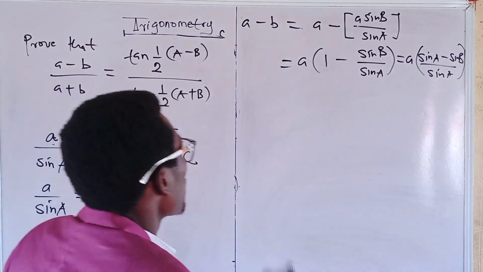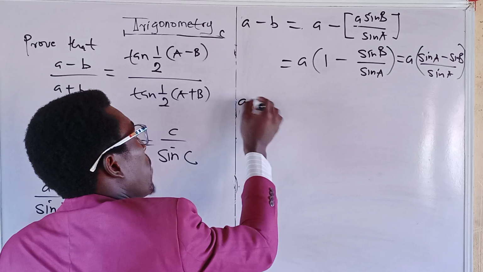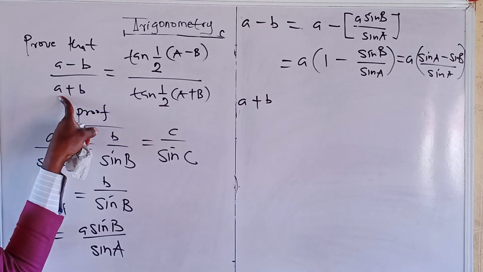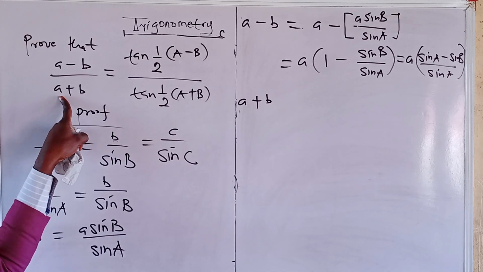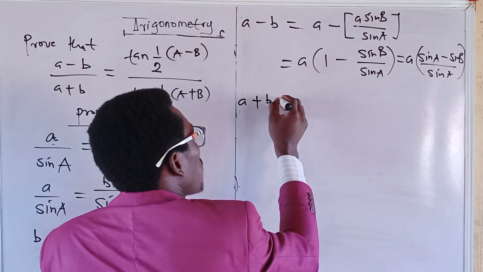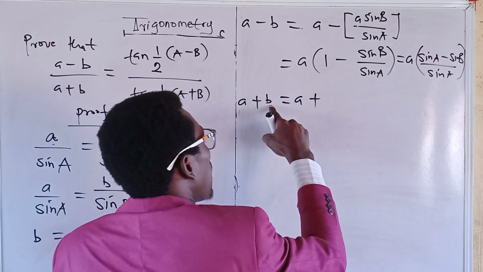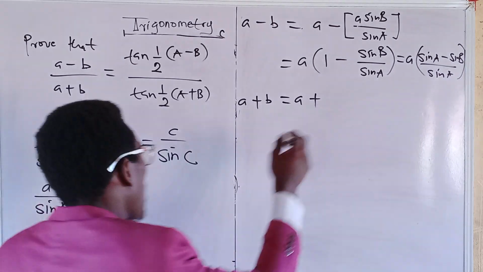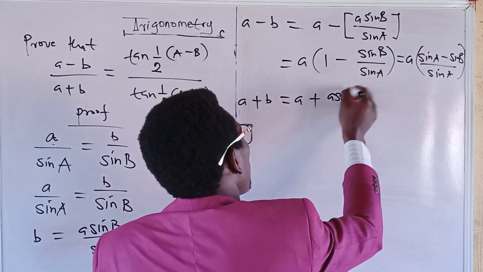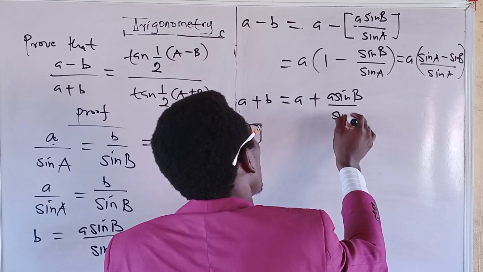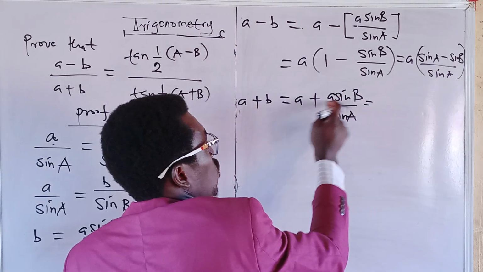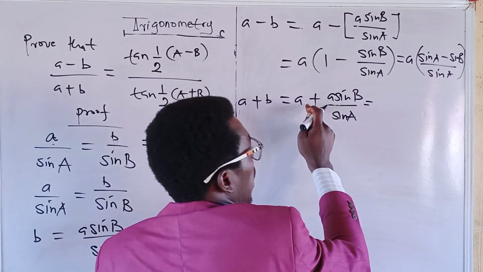Now, the same way, we shall form an expression for a + b. Why? Because at the denominator here, we have our expression a + b. So in this case, we have a + b equal to a plus, instead of b, we shall write our expression for b, which is a sine B over sine A. So here we have a sine B over sine A. In factoring, what is common here is a, so we can factor out our common term.